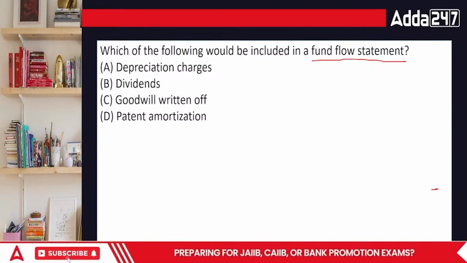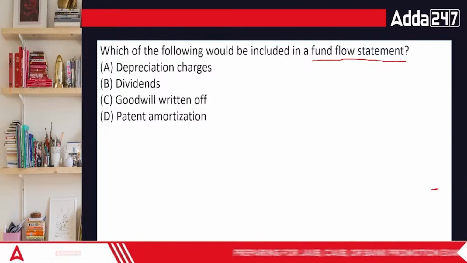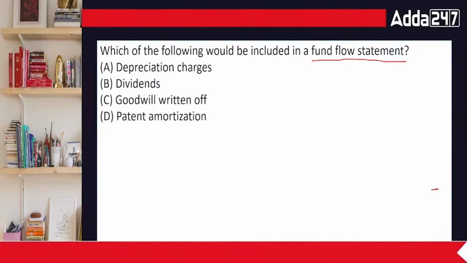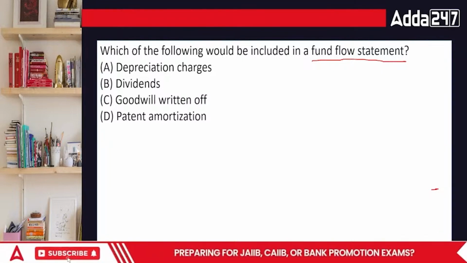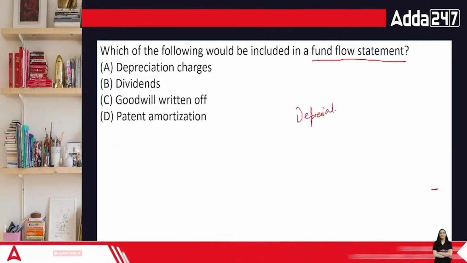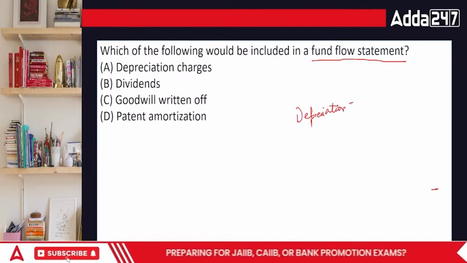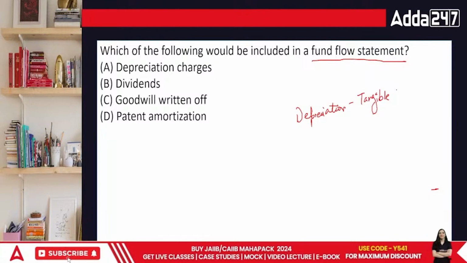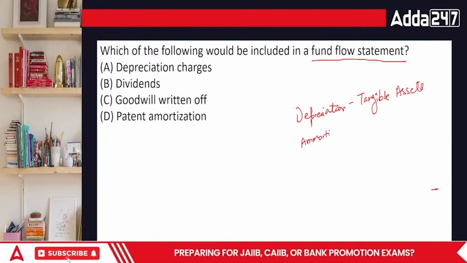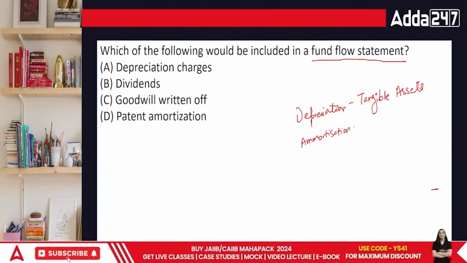Depreciation, dividend, goodwill, or patent. Depreciation charges are to be adjusted. They are actually removed. Goodwill and patent. The purpose is, if depreciation is of tangible assets and amortization is for intangible, in both the cases there is no movement of funds.